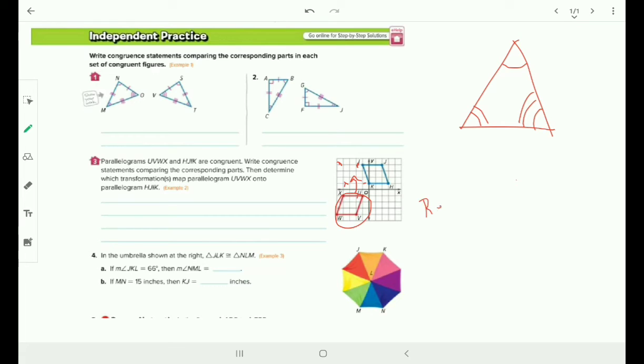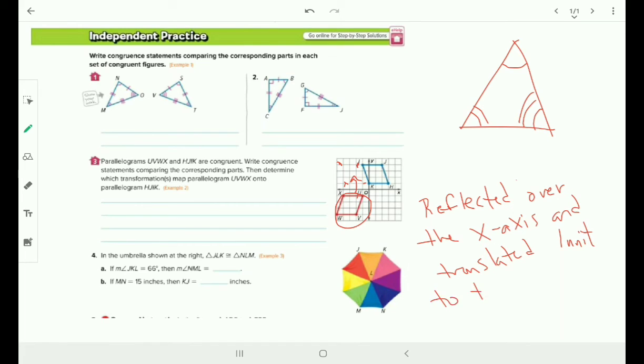So it is reflected over the x-axis and translated 1 unit to the right. Okay, and that would be my transformation statement. Now you need to go back and write the corresponding parts, the comparing. Okay, so that's what you need to do for number 3.